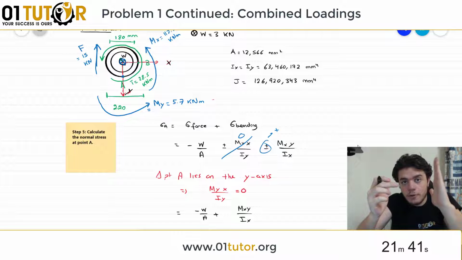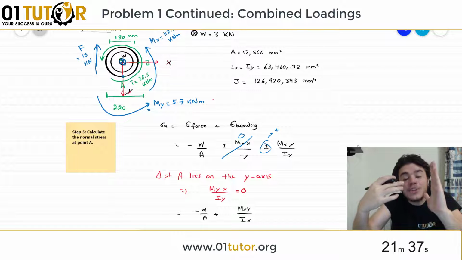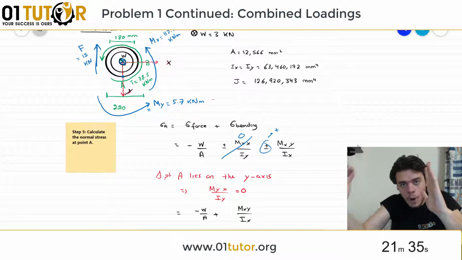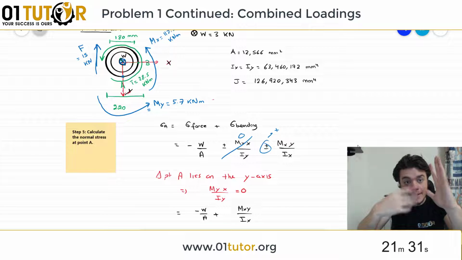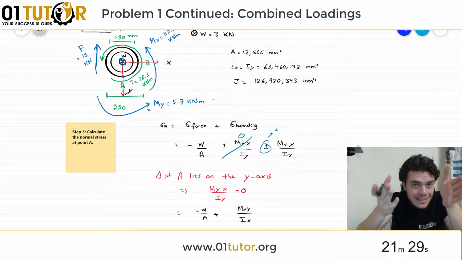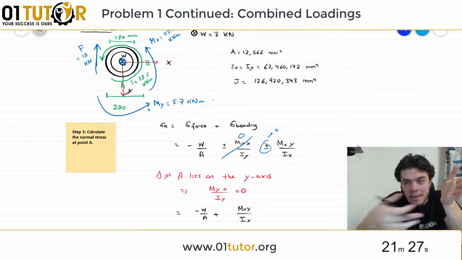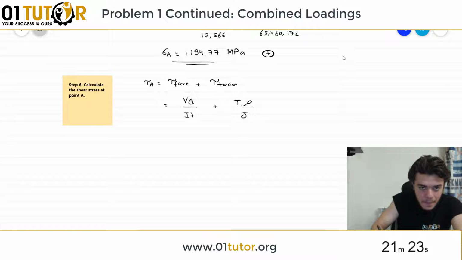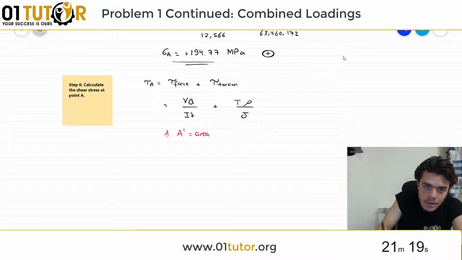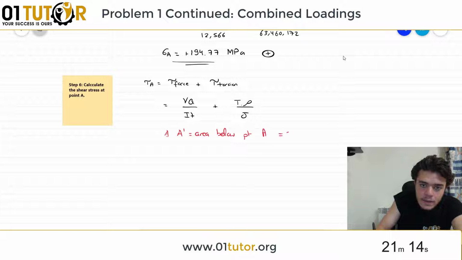Since the shear force is vertical, when you are calculating QA, you're going to have A prime, Y prime. And A prime is going to be the area above or below the point of interest. In this case, the point of interest is A, and there is no area below point A. This means that A prime is 0.